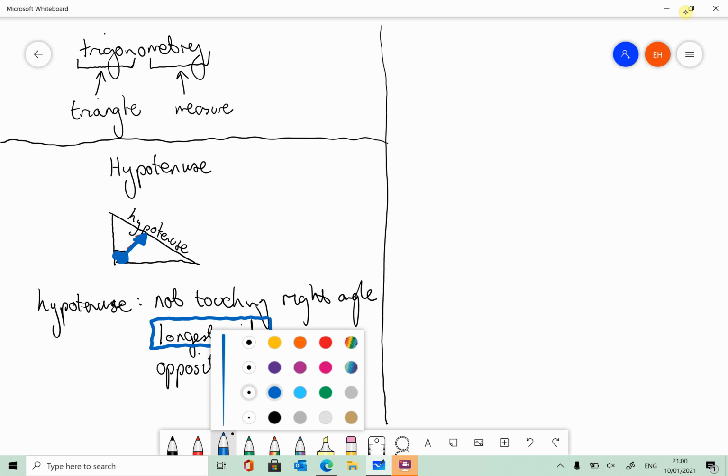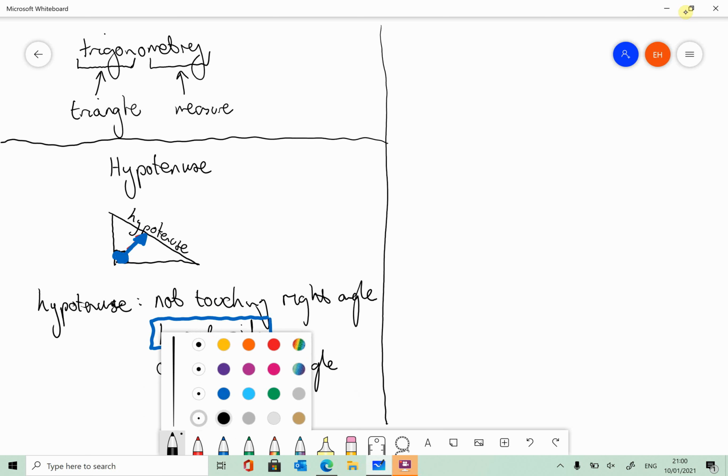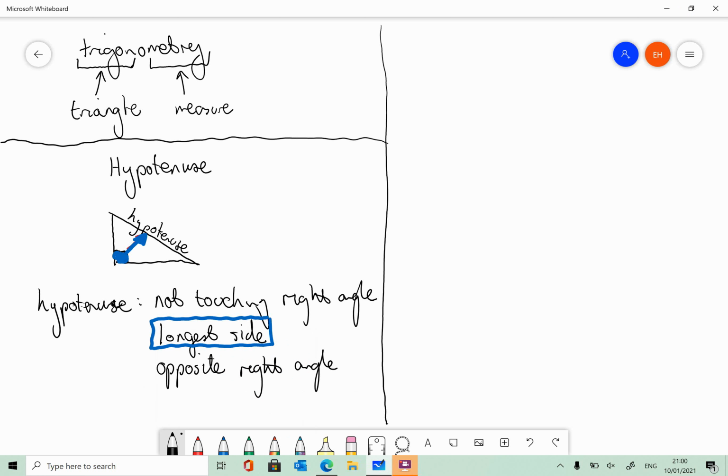So if I was to draw another triangle over here, I'm drawing another right-angled triangle here, and I call this A, B, and C, and my right angle is here. Which side is now the hypotenuse?